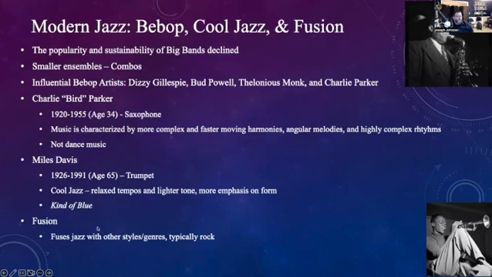But anyway, after all this, you have other things like fusion, where you're getting into the 60s, the 70s, even into the 1980s, and these other big popular genres like rock are bringing in jazz influences.